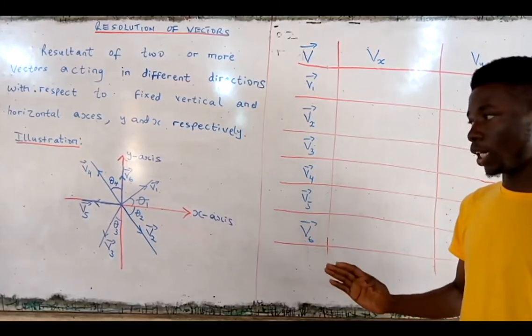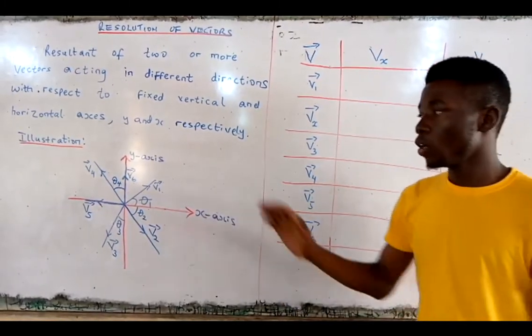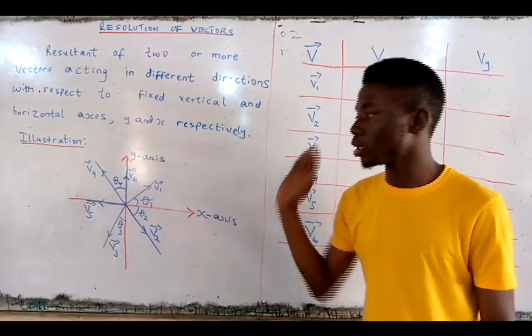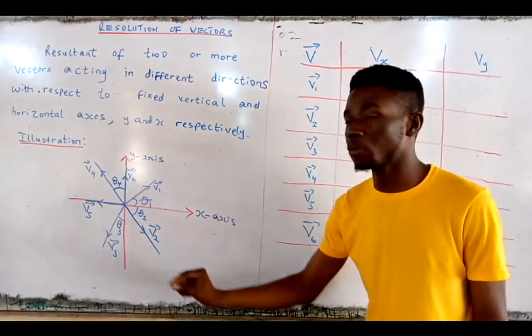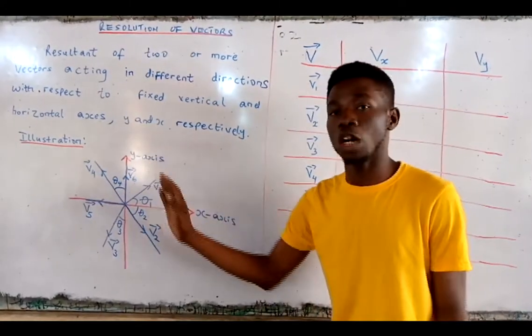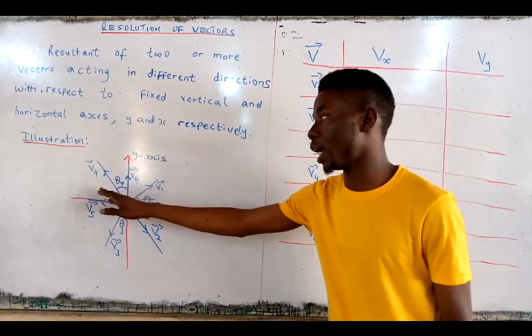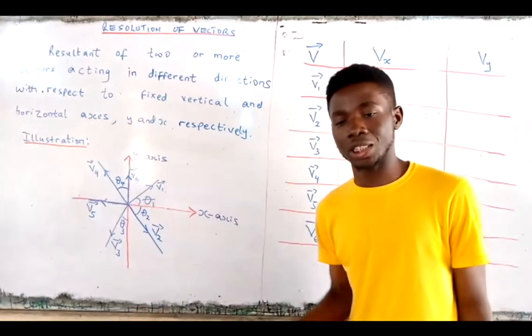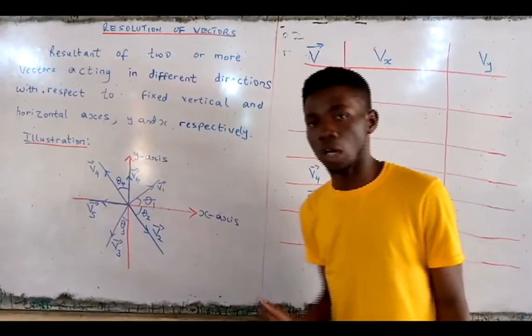Before I proceed further, let us take a look at vector v4. v4 is acting at the left hand side, which implies that with respect to the x-axis, vector v4 is going to have a negative value, while with respect to the y-axis, because vector v4 is acting at the top, it is going to have a positive value.